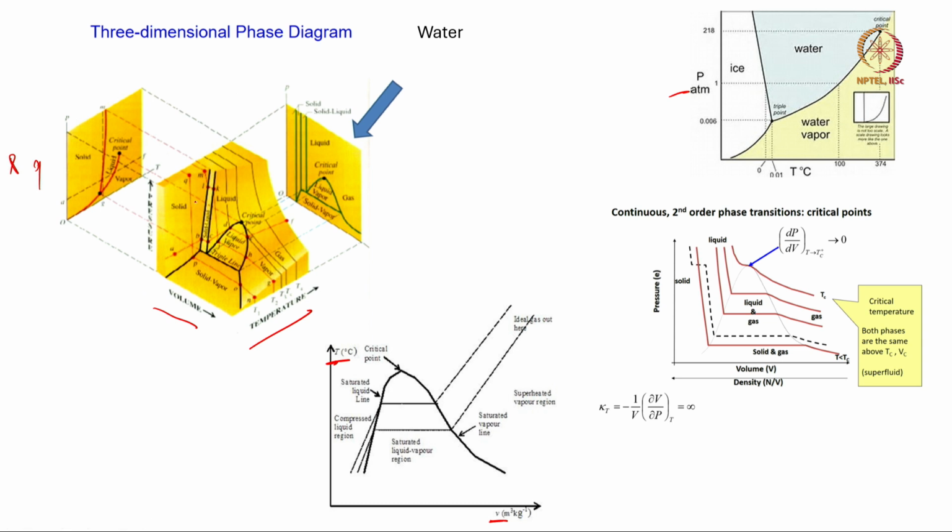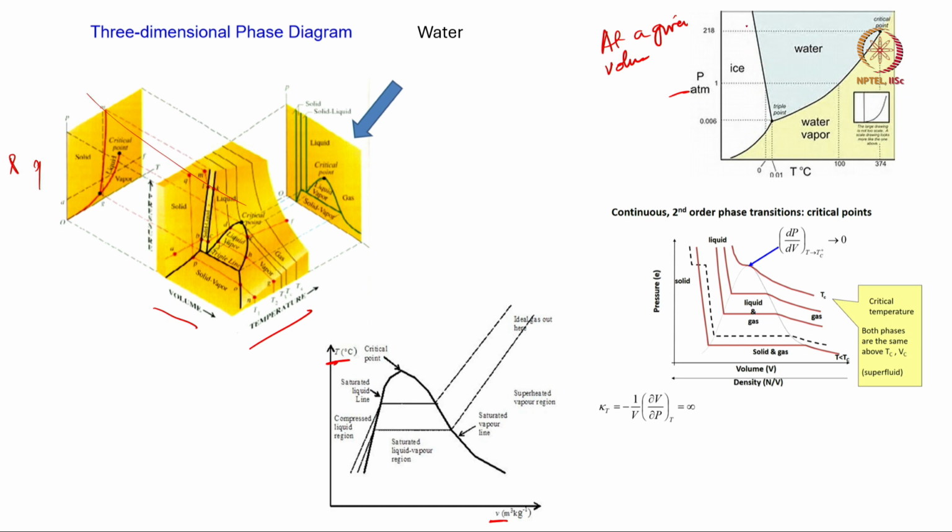The water phase diagram in this 3-dimensional space is not trivial; it is a bit complicated. So we can take slices at a given volume, for example along the pressure and temperature axes. How does that look?